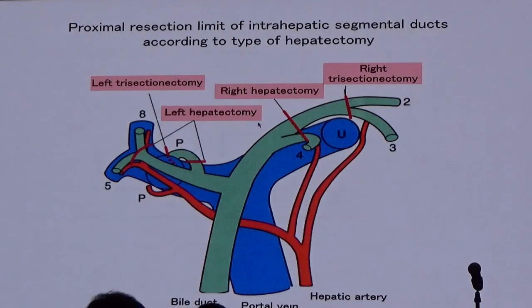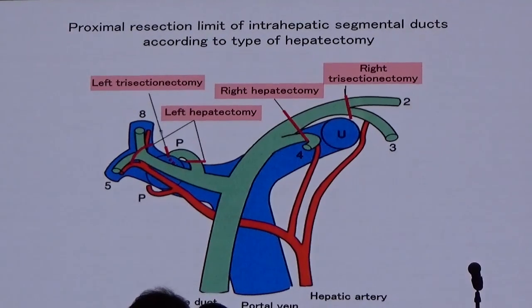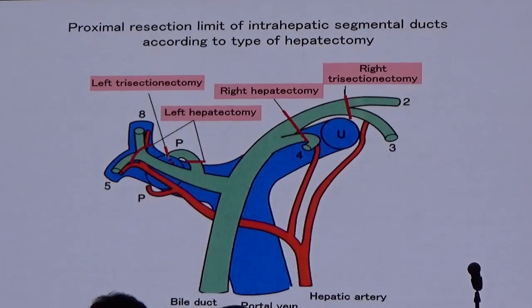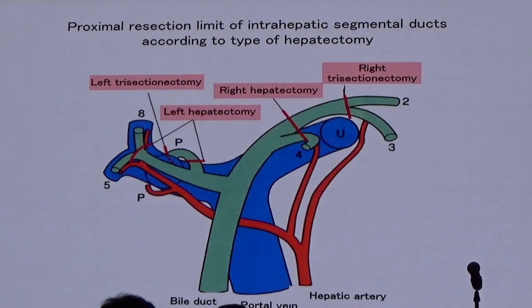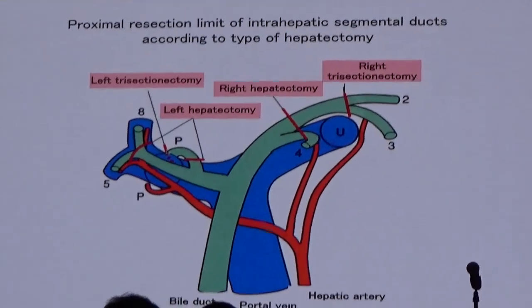On the other hand, in the left hepatectomy, right anterior and posterior segmental ducts should be resected here at the confluence of the 8 and 5, and here the posterior duct on the cranial side of the right portal vein. In left hepatic trisectionectomy, the right posterior sectional duct should be dissected here behind or cranial side of the right portal vein.